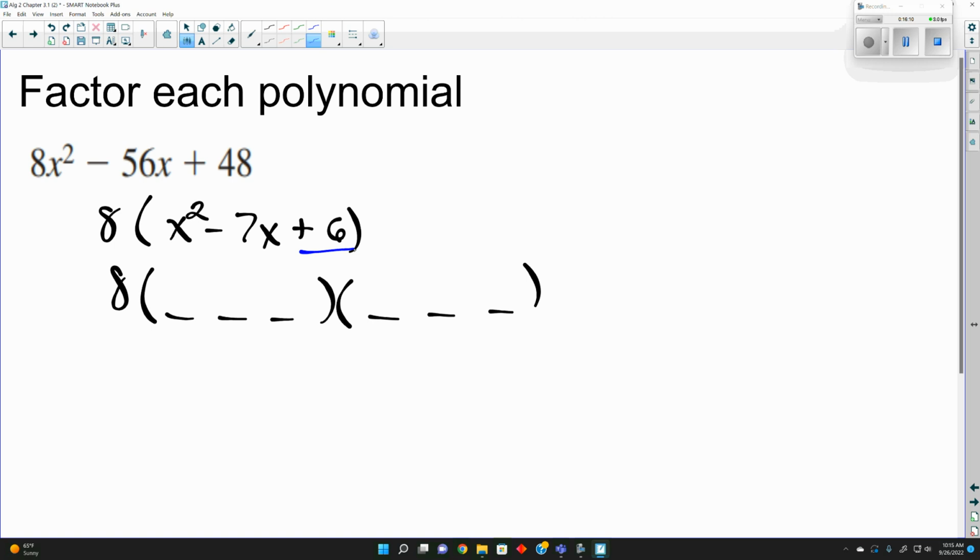So the middle term, which we're adding those two numbers together, either both positive or both negative, tells us the sign. So here, since the third term is positive, the signs are the same, and they match the sign of the middle term, which here is negative, so both signs are negative, or minus and minus.